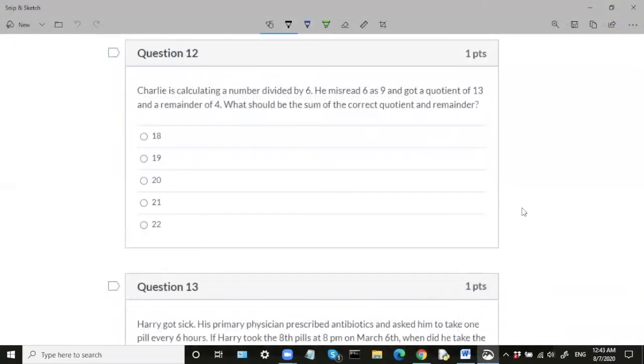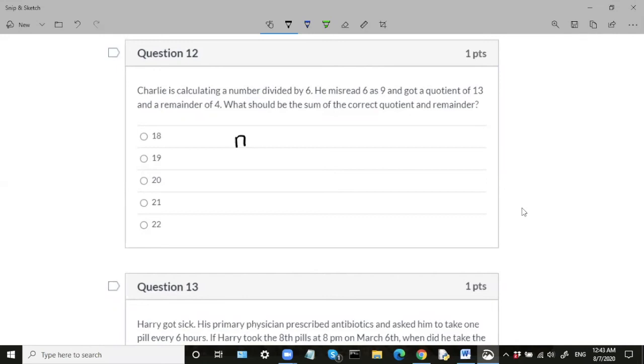Problem 12. Charlie is calculating a number divided by 6. He misreads 6 as 9 and gets a quotient of 13 and a remainder of 4. What is the sum of the correct quotient and the remainder? Let's say we have a number n.